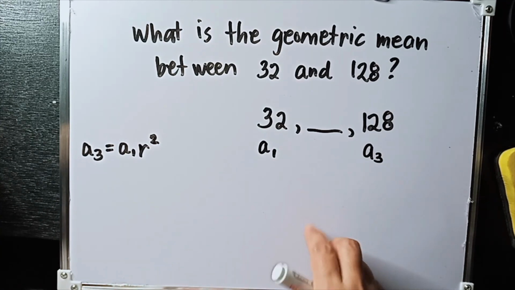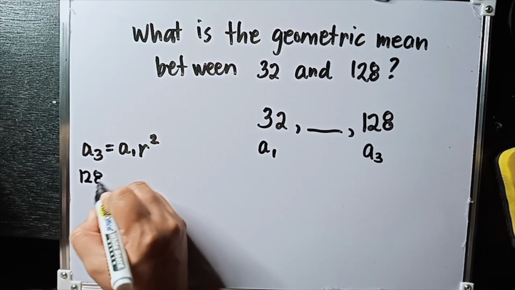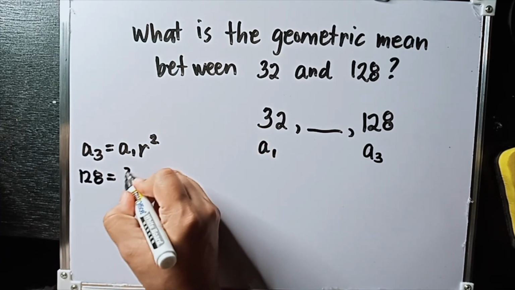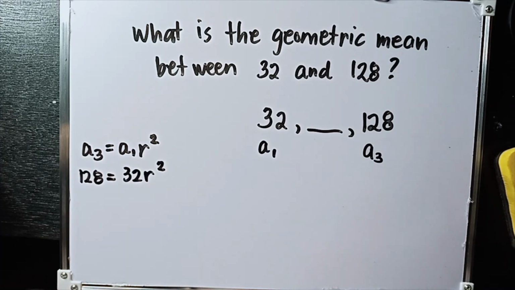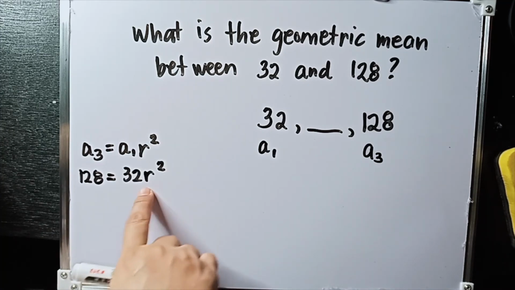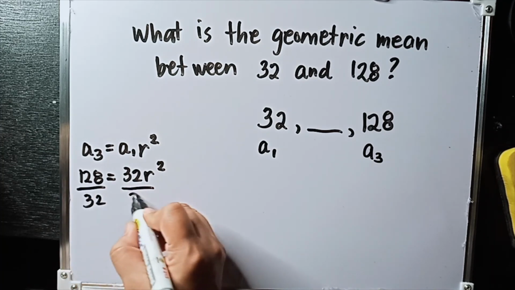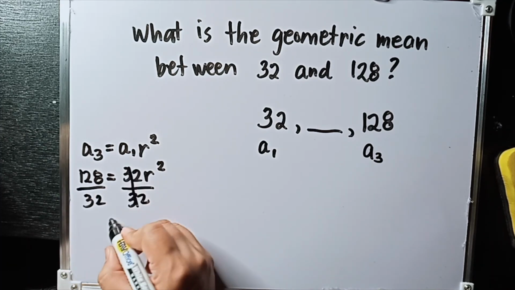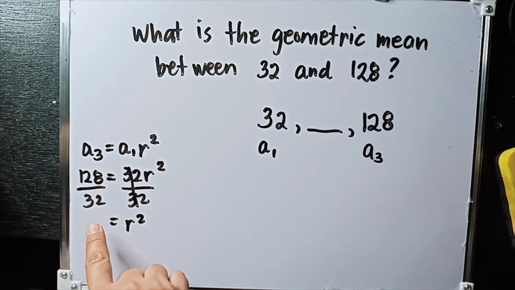So by substitution, our third term 128 equals the first term, which is 32, times r squared. For us to be able to solve for r squared, we divide by 32, and 32 cancels. So r squared then is 128 divided by 32, which is 4.